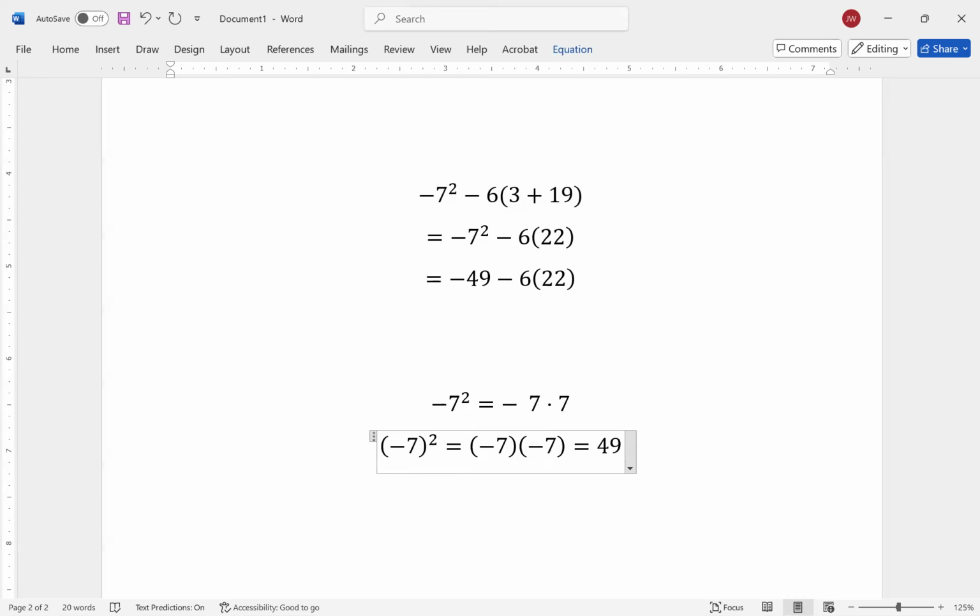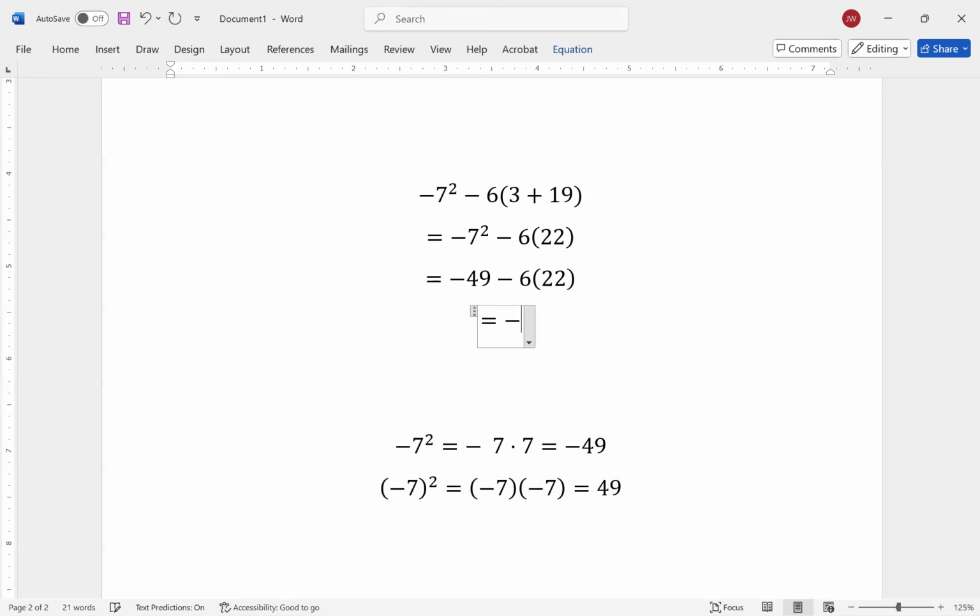Obviously, you get 49 when you take negative 7 times negative 7, but you get negative 49 when you take negative 7 times 7. So be careful whether the negative sign is out front or inside of parentheses.